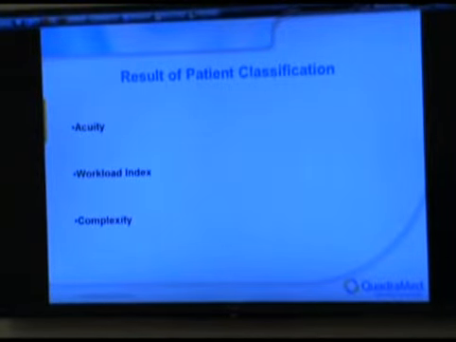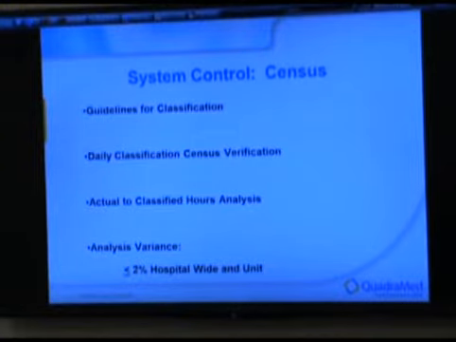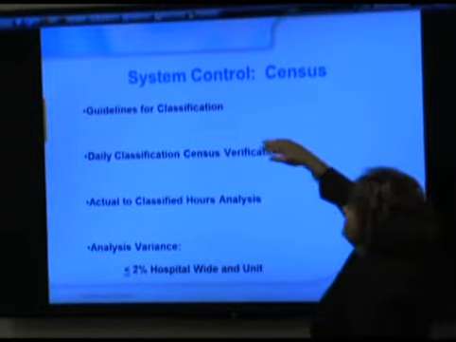And once you begin using the software and the methodology, we need to make sure that the data that goes in is accurate, because if you have garbage in, you're going to have garbage out. So we have system control activities for census, acuity, and staffing. And for census, there are a set of guidelines.